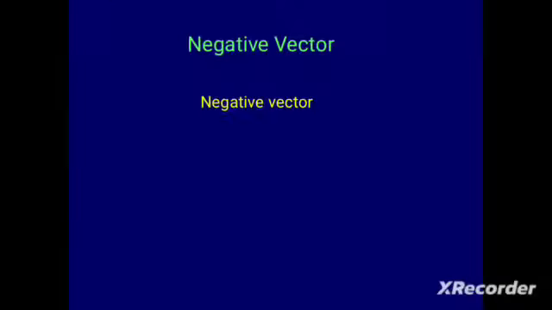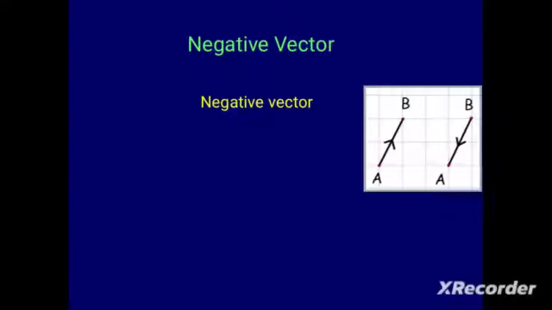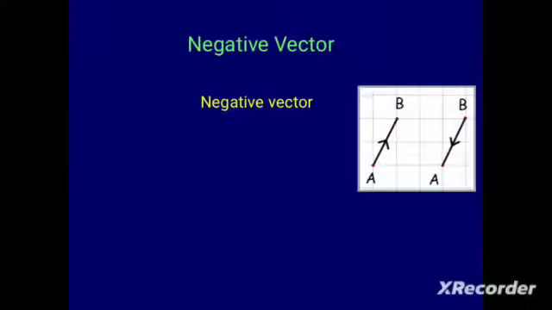Now, negative vector is another part that we want to talk about, and we have this diagram, vector AB and vector BA. So also they seem to be the same, only that they are not in the same direction.